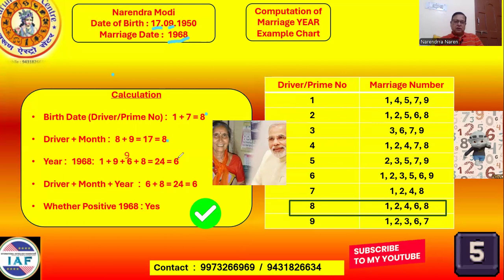Year 1968, when we add together, we are getting 6, and when these numbers are added, 6 plus 8 is equal to 14. 1 plus 9 is 10, plus 6 is 16, plus 8 is 24, which is 6. Here the calculation was wrong.